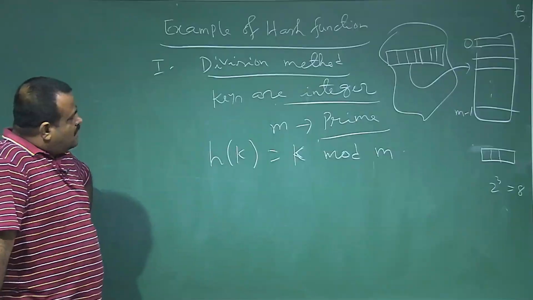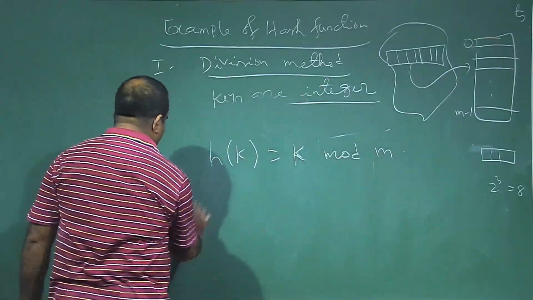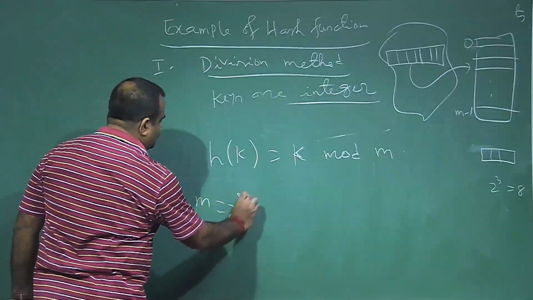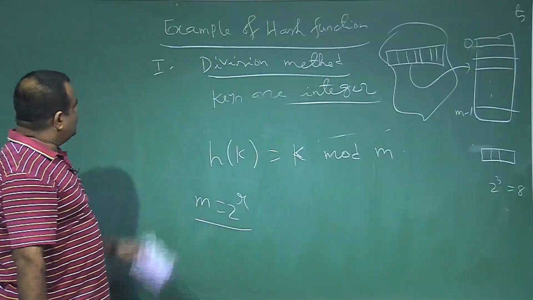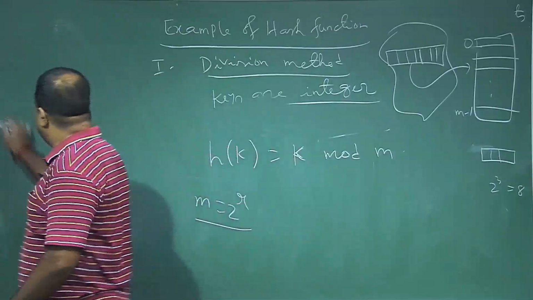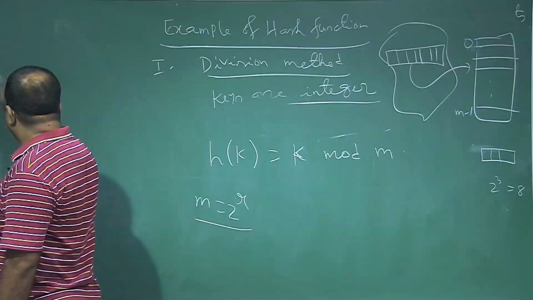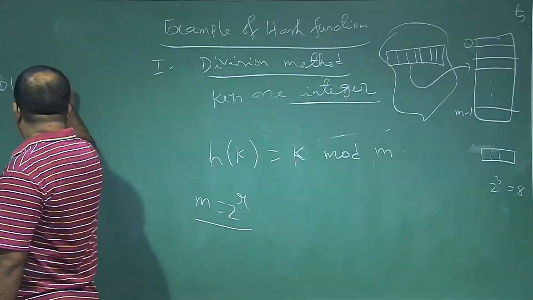Now, in this method, instead of choosing m as a prime, if we choose m equal to 2 to the power r, then there is a serious problem with this method. Suppose we have a key, say 1 1 1 1 0 1 1 0.